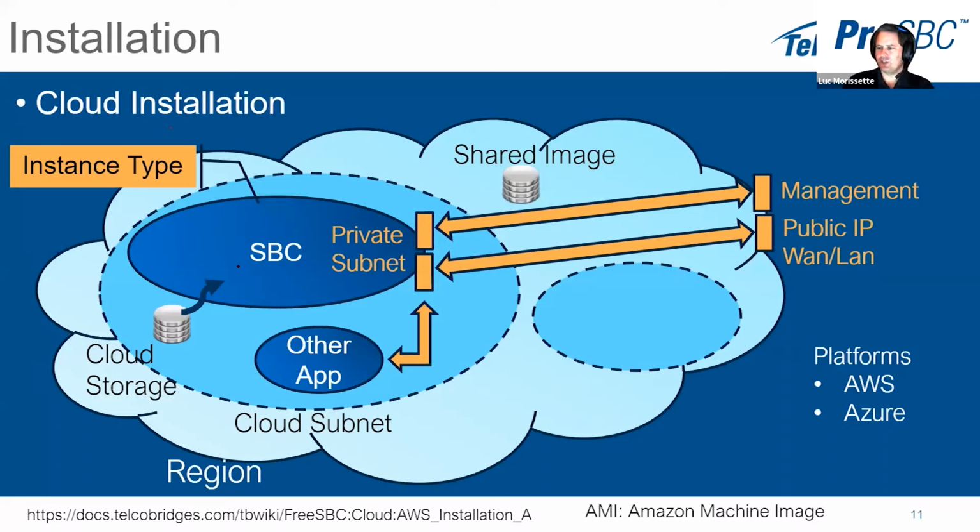So a cloud installation is a little bit different. You will have a region, and when you start your instance, it's going to be in that region. The reason we want to use a region is that physically these devices are in one place, and when you send traffic to another region in the world there is some delay.